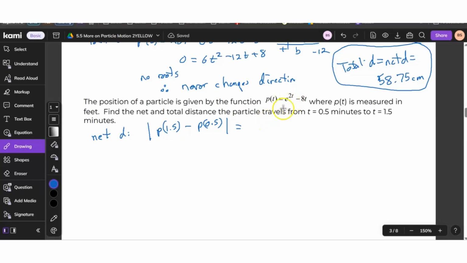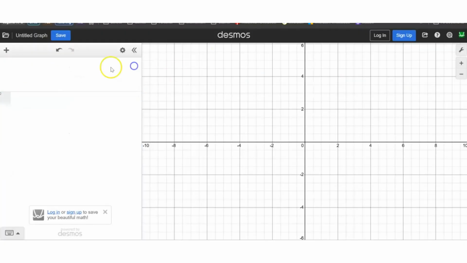So it was the absolute value of e to the power of 2 times 1.5, and then minus 8 times 1.5.